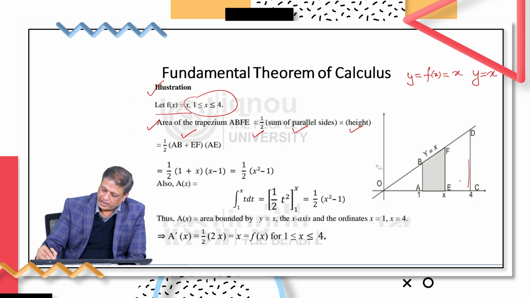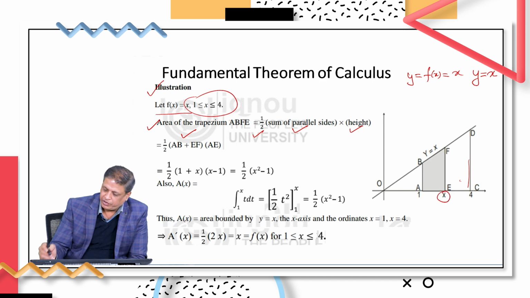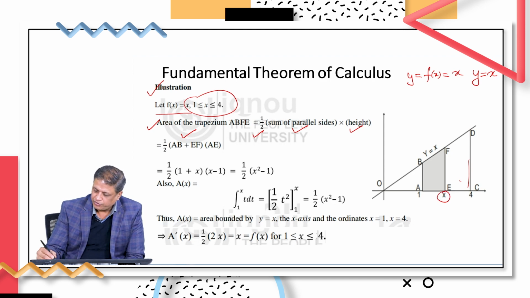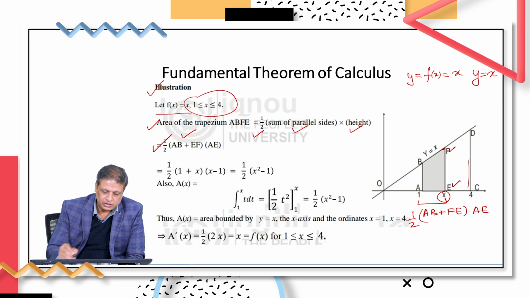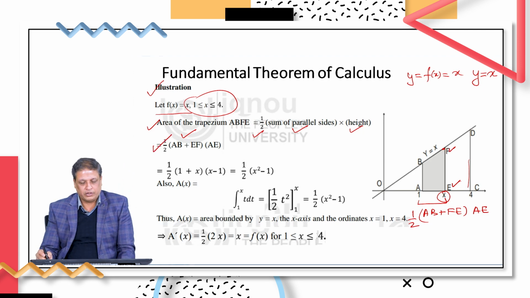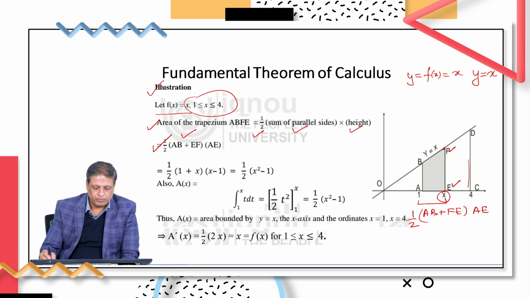Evaluate at any point x between 1 and 4, which subtends the value of f at E onto the curve y equals x. Then the sum of the two parallel sides will be AB plus FE, and the distance between the two is AE. Half of this is the area of the trapezium ABFE.